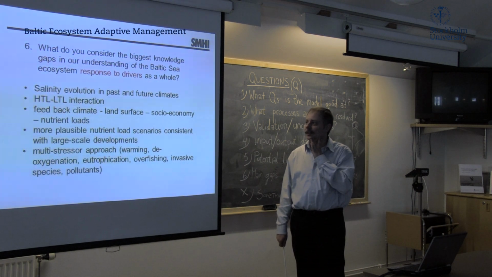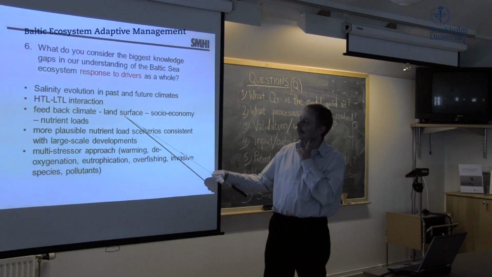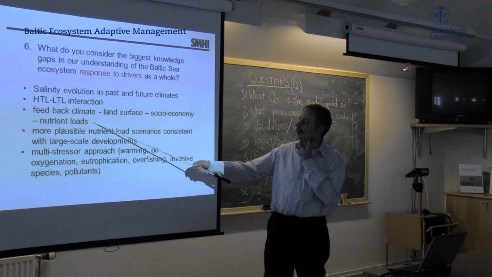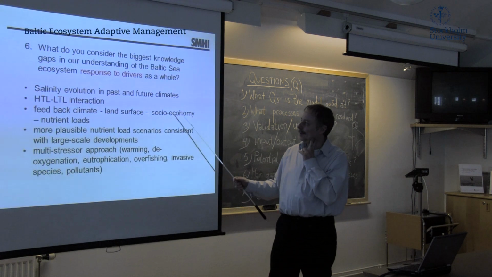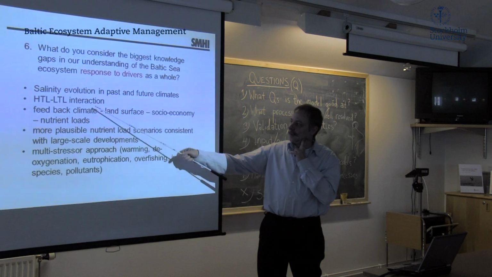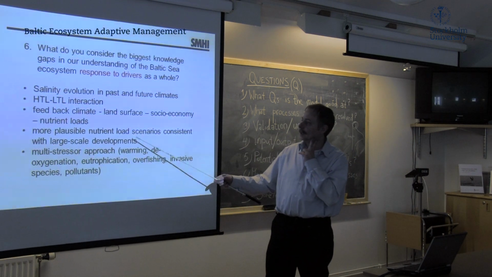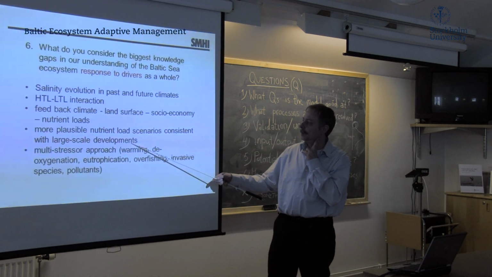But this is not really the true story, because the land surface is of course interacting with climate and producing different load inputs, and then this needs to be related to management scenarios. So the model needs to go to more system interactions, with more plausible nutrient load scenarios consistent with large-scale development.